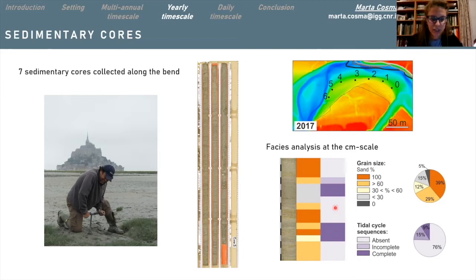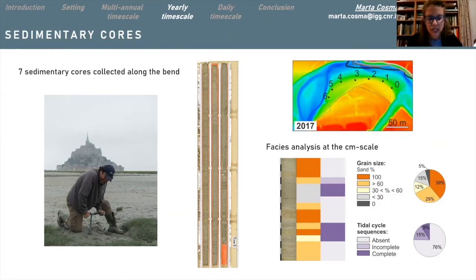In particular, we classified each centimeter considering the percentage of sand and mud. Therefore, we have 5 different classes. The dark orange is 100% sand, whereas the dark gray color is 100% mud. The other classes are in between.